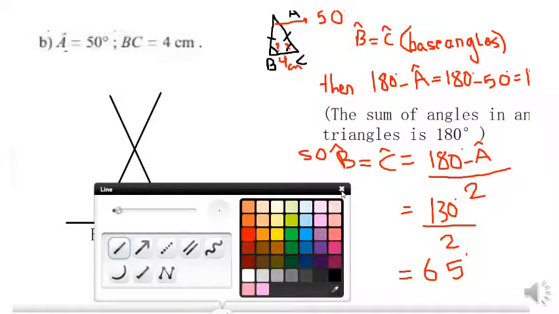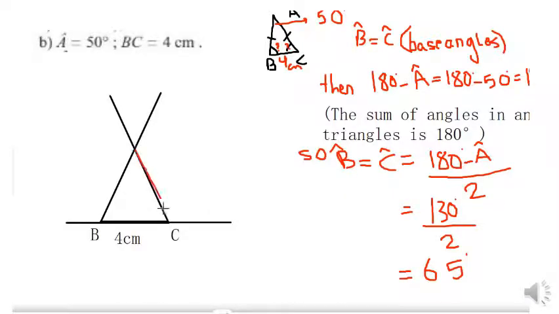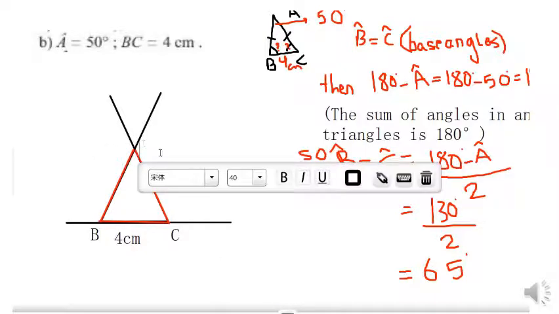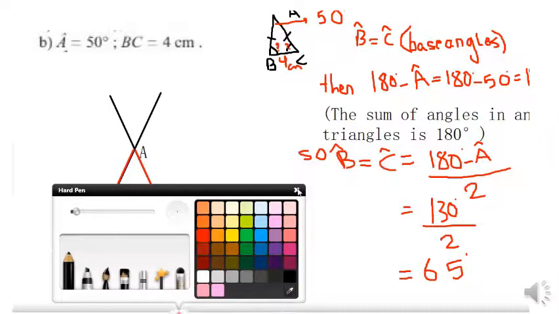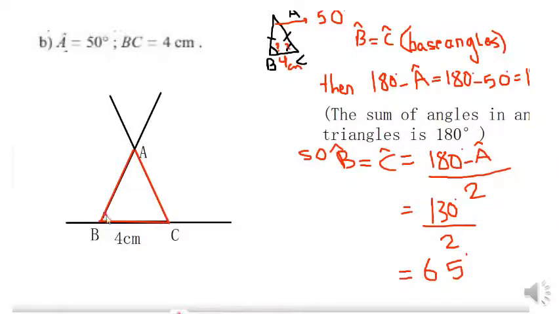The third vertex is A. The triangle is in the red color, okay? These lines, which are in black, you can erase them. So this is triangle ABC, such that BC is 4 centimeters, angle B is equal to angle C, which are equal to 65 degrees.